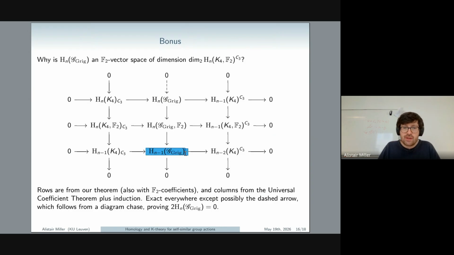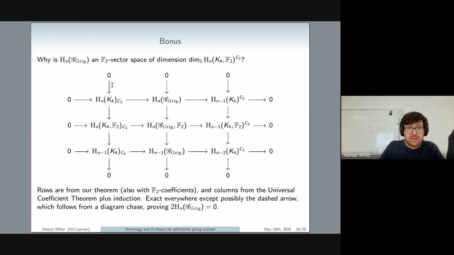And here, really, there should be a Tor term. But by induction, we're assuming that this Tor term is equal to all of this thing, because we're assuming that this is already an F2 vector space. And the point is that because 3 is not even, then taking the co-invariance and taking the invariance here on these F2 vector spaces, this is exact.